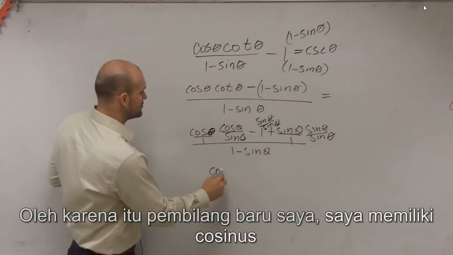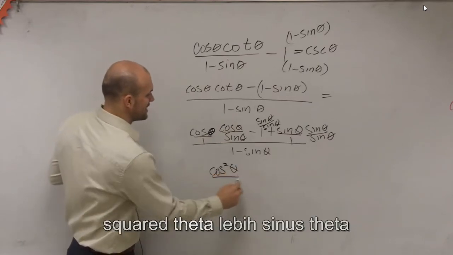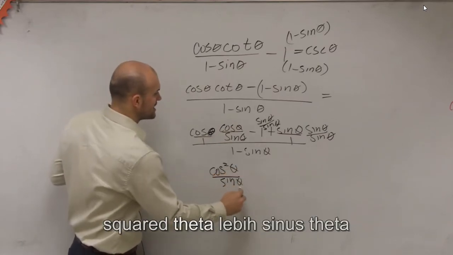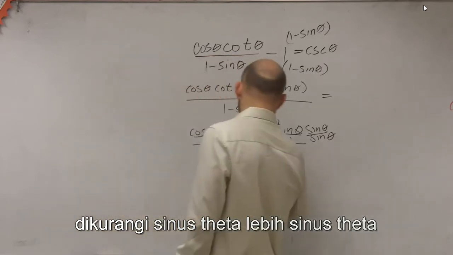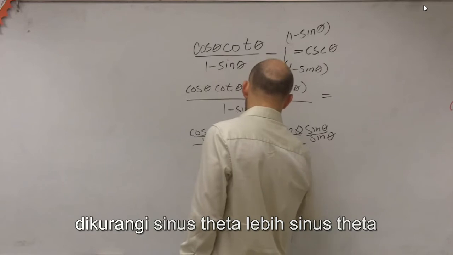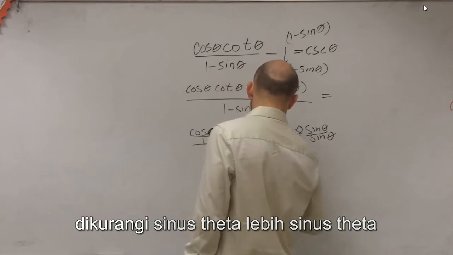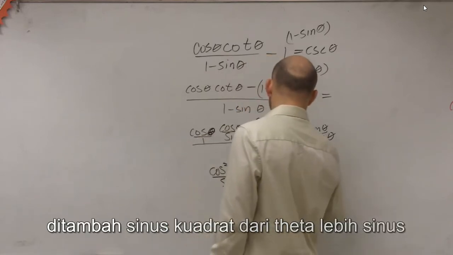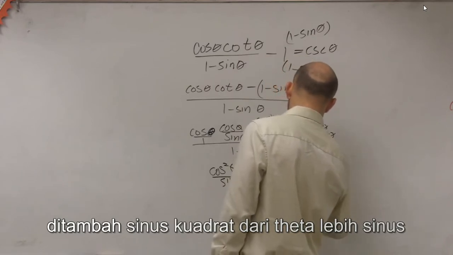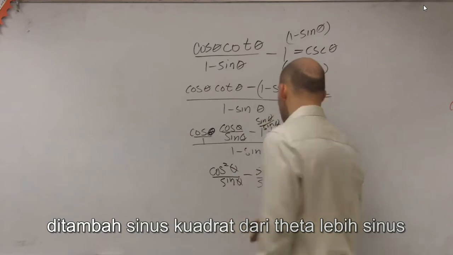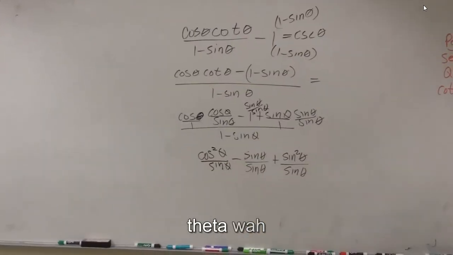So therefore, in my new numerator, I have cosine squared of theta over sine of theta minus sine of theta over sine of theta plus sine squared of theta over sine of theta.